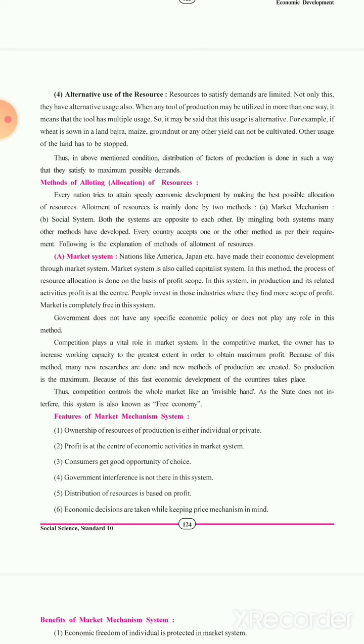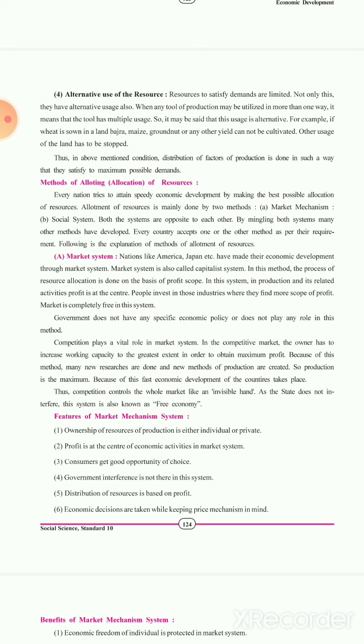Fourth, alternate use of the resources. Resources to satisfy demands are limited and they have alternative usage also. So when any tool of production may be utilized in more than one way, it means that the tool has multiple usage.